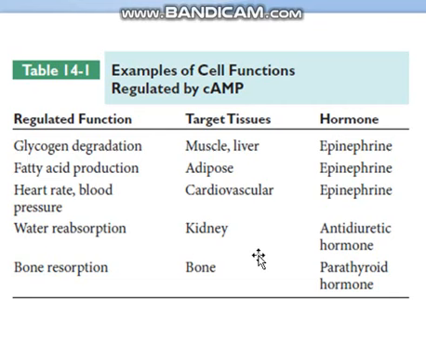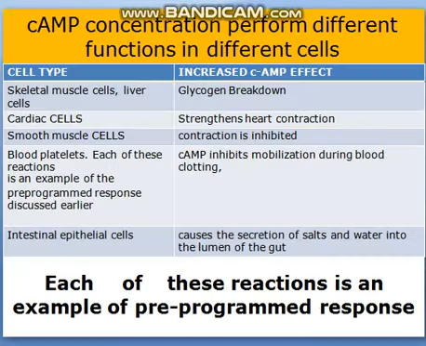The most important hormone in our body in relation with the cyclic AMP is epinephrine. Epinephrine acts on the muscles, adipose tissues, and cardiovascular tissues, and it is responsible for the regulation of all these functions. Okay.